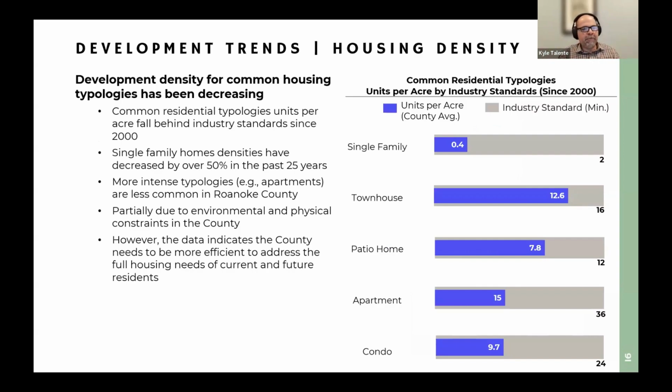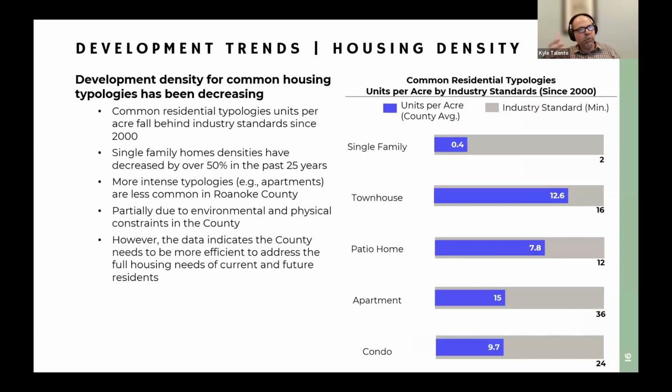The one takeaway that we wanted to bring to you all is, even today, we are not building at a level of development intensity that is consistent even with suburban communities. What you're looking at here in the graphic, the bluish purple bar is the development density of housing that has been built since 2000 in the county.